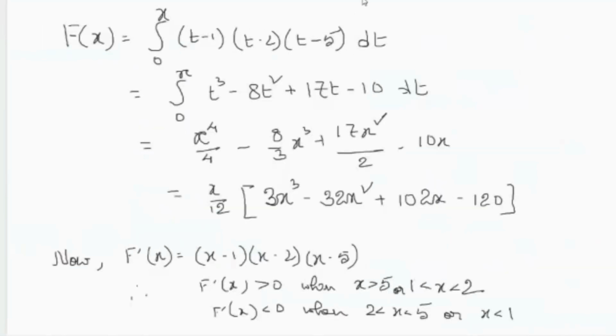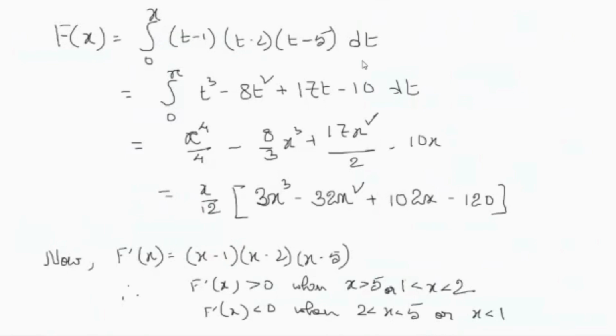So moving on, we now assess the way the function capital F(x) behaves, because we have to check in option A that F(x) is not equal to 0 for all x belonging to (0, 5). We need to check this statement. So F(x) is essentially the integral 0 to x of f(t) dt.